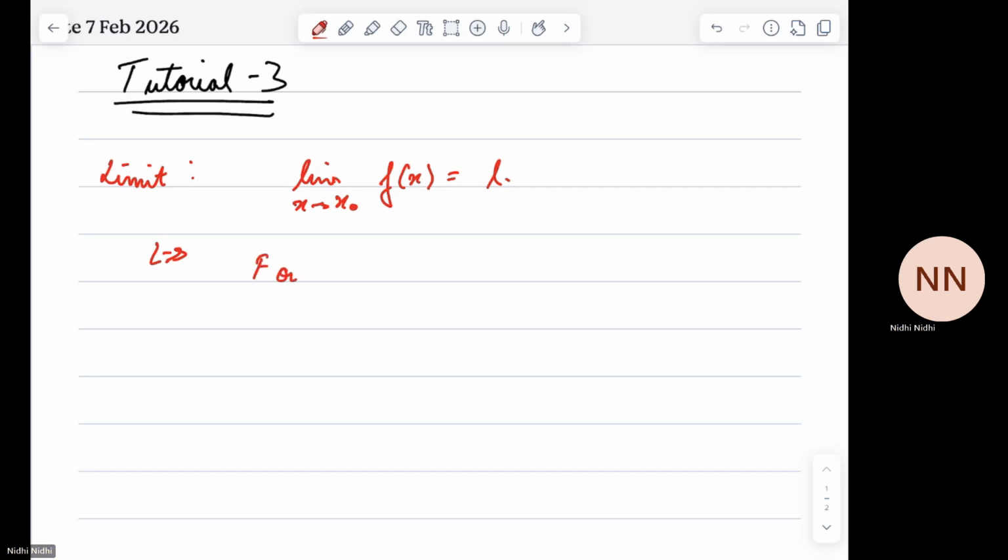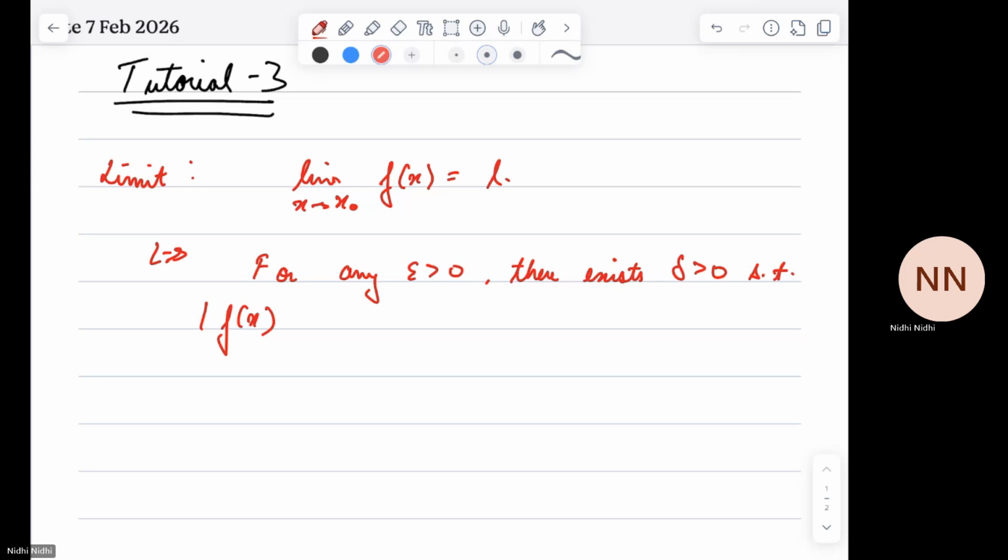For any epsilon positive, if we are able to find a delta positive such that mod f(x) minus L is less than epsilon whenever mod x minus x naught is less than delta.